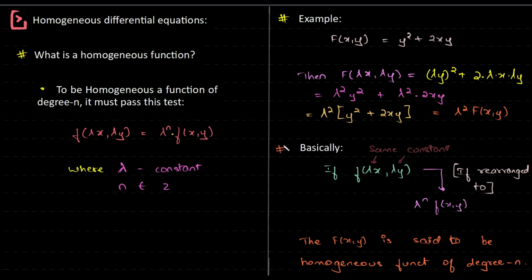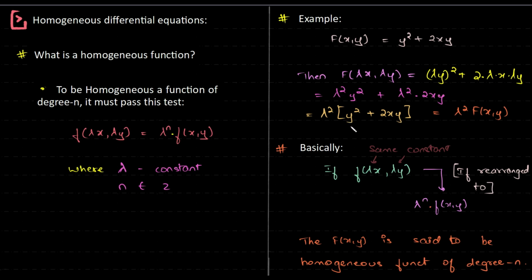So basically the funda over here is that if you have some constant lambda being substituted in place of x and y, the same constant, so lambda x and lambda y, and if we rearrange and get the conclusion that it's lambda to the power of n f of x comma y, then this function is said to be a homogeneous function of degree n.